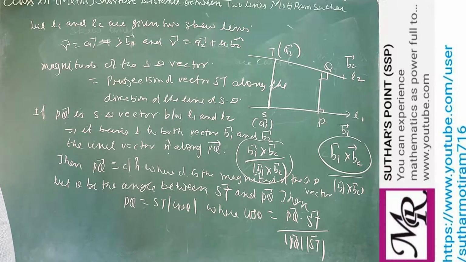Cos theta equal to what? Dot product of the vectors divided by their magnitudes.